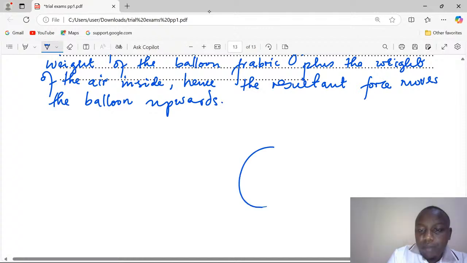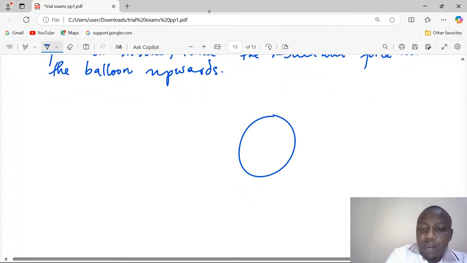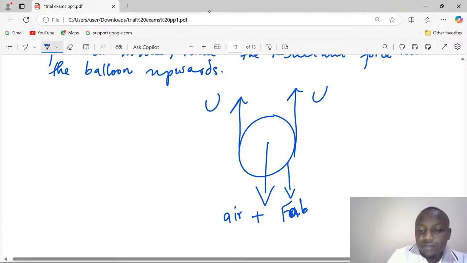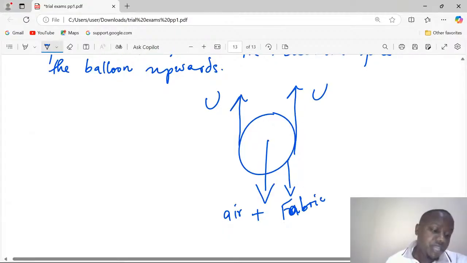So we are talking of a balloon here. The balloon is going to displace air, so the air will offer upthrust. Then we have air inside and also the fabric. The fabric is the material making up the balloon.